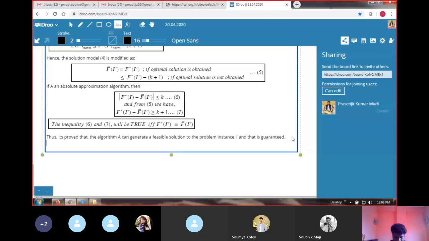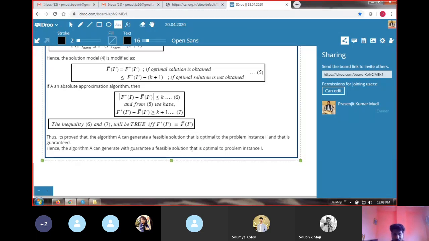Okay. Hence, it can generate a feasible solution that is optimal to the instance I dash. So it can generate a feasible solution that is optimal to the problem instance.